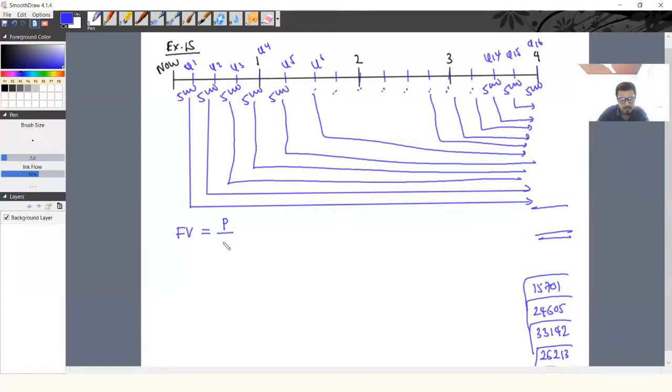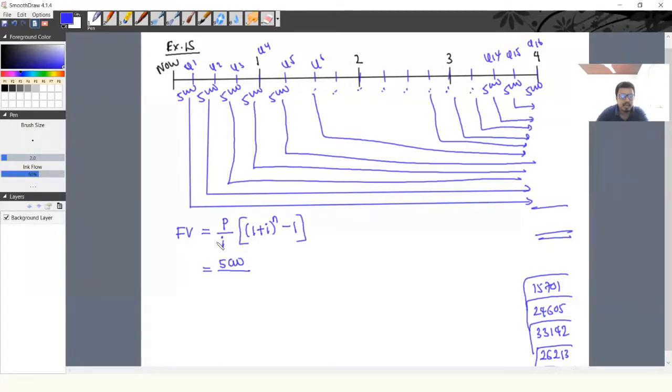P over I into (1 plus I) to the power n minus 1. Here, what is the value of P? Periodically, we are paying once in 3 months, we are paying 5,000. So that is the value of P, 5,000.